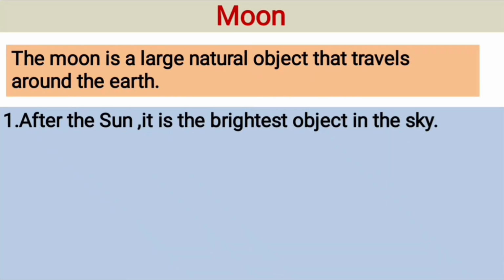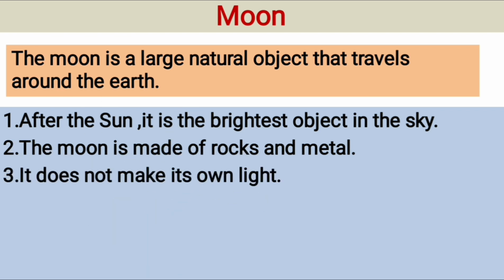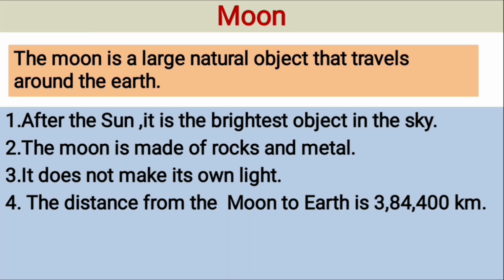Number 1. After the sun, it is the brightest object in the sky. Number 2. The moon is made of rocks and metal. Number 3. It does not make its own light. Number 4. The distance from the moon to earth is 3,84,400 kilometers. Again I am repeating.